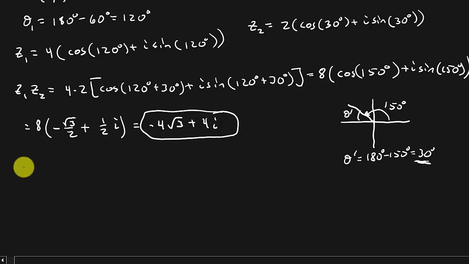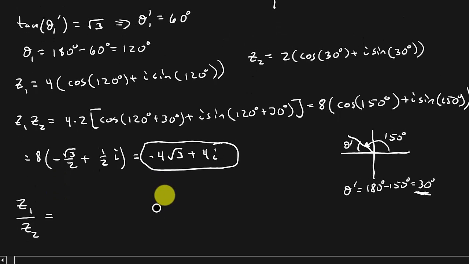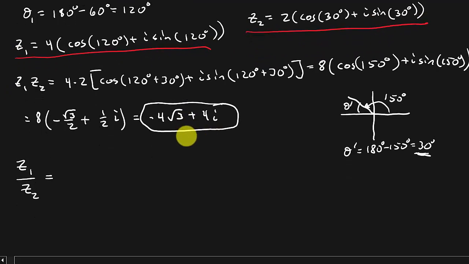All right, so now let's find z1 over z2. Let's see what we get there. I'm going to put a red line under these so I can see them easier. That's what we're dividing now.